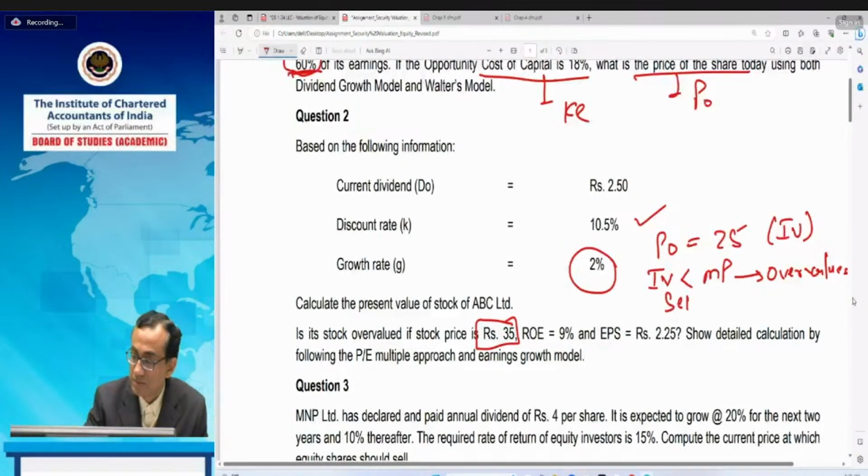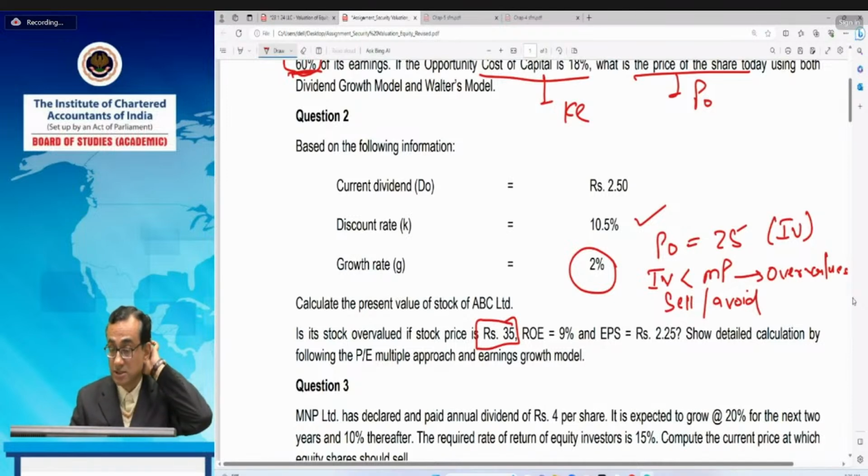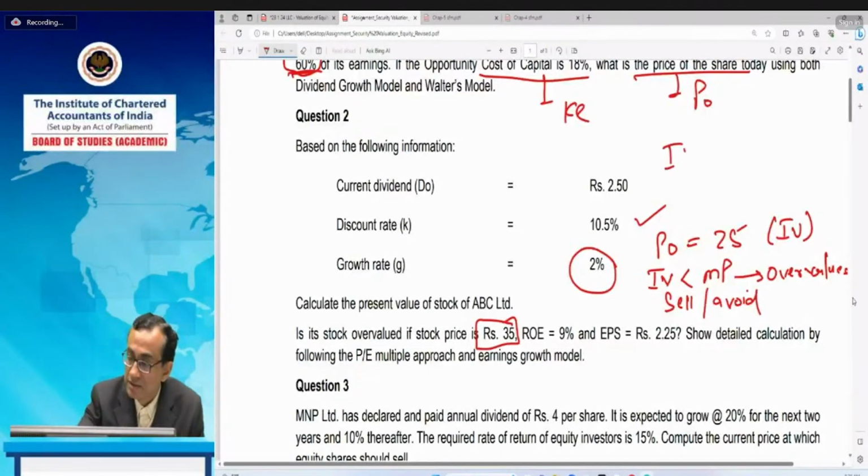The decision will be to sell, or if you are willing to invest in such a company, to avoid it. And conversely, when intrinsic value is greater than the market price per share, it is considered undervalued, and the decision will be to buy in such situations.